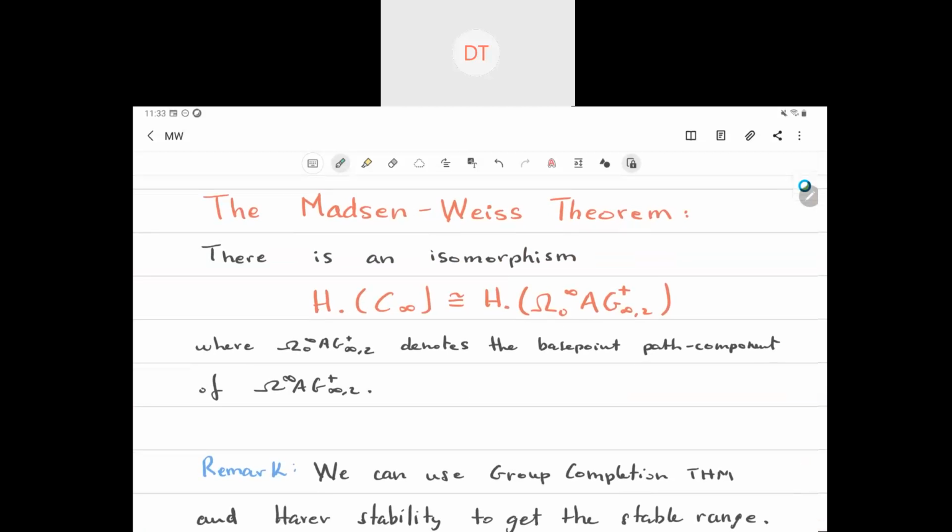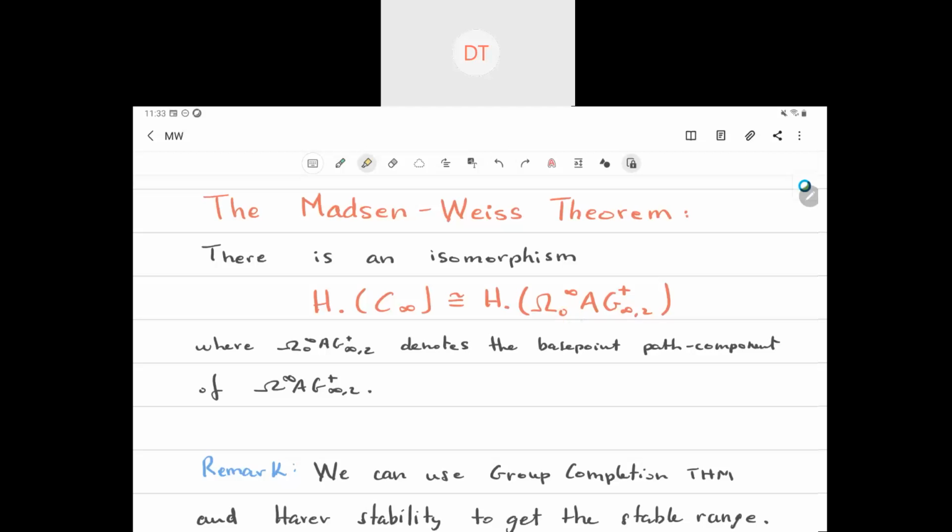resolve those issues. A comment here is that even more notation is appearing. We have a 0 down there, and what that stands for is a component. We choose a component.